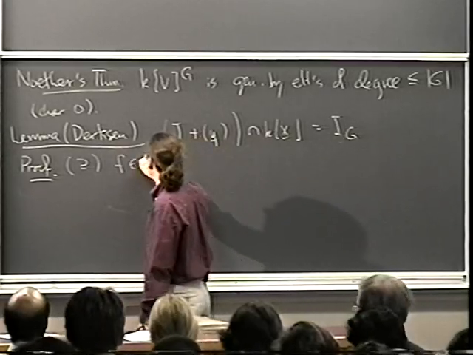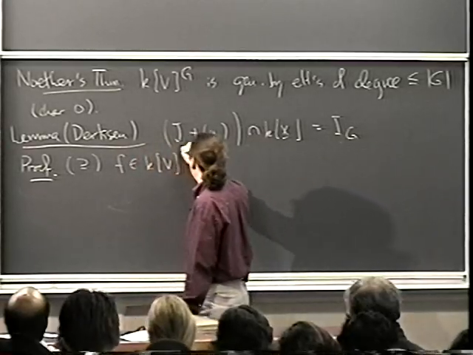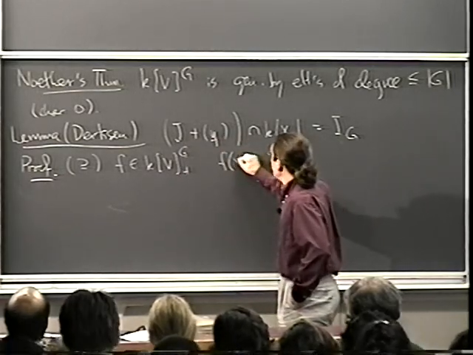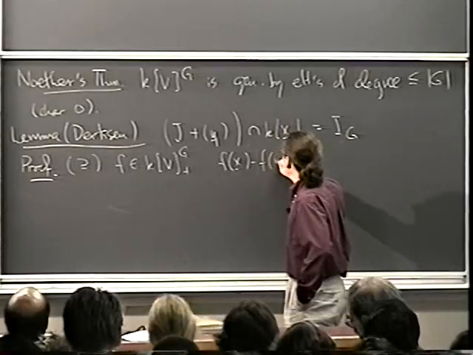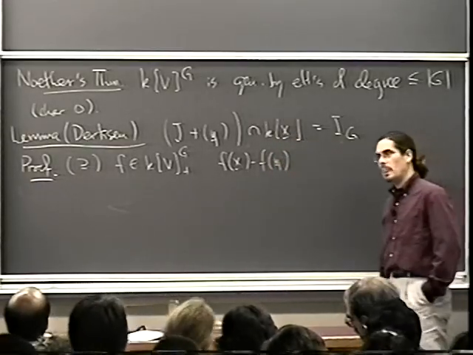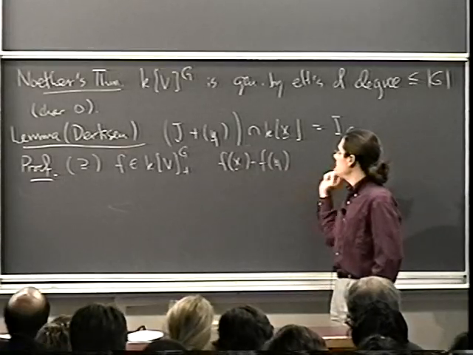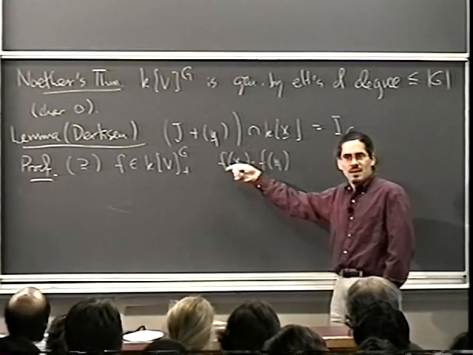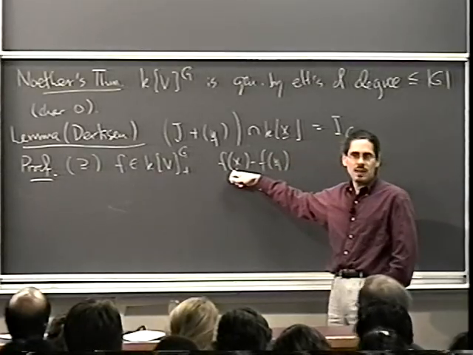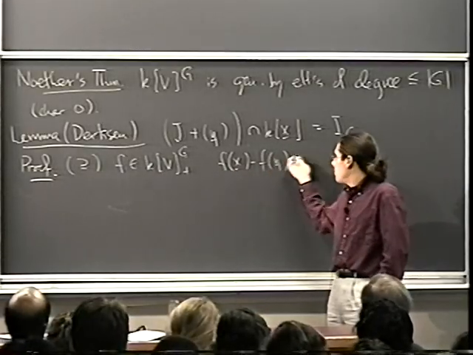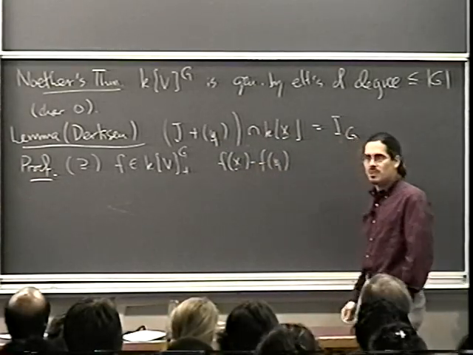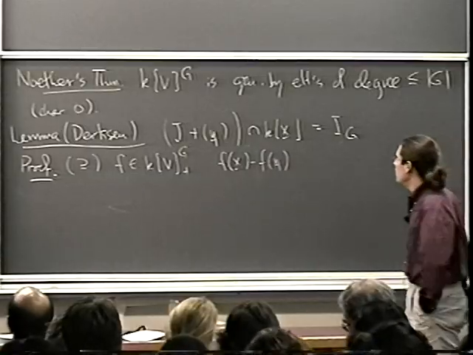So if f is a homogeneous invariant of positive degree, then f of x minus f of y is a polynomial that vanishes on Dirksen's arrangement. Okay? Because if f is invariant, then if you set the y's to g of x's, for any group element g, f of gx will be the same as f of x, and that'll be the same as f of y when the y's are set to the x's.